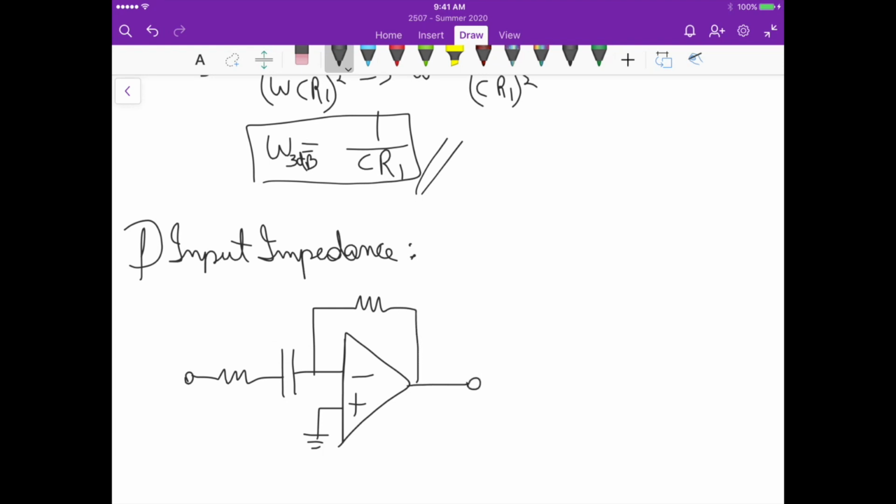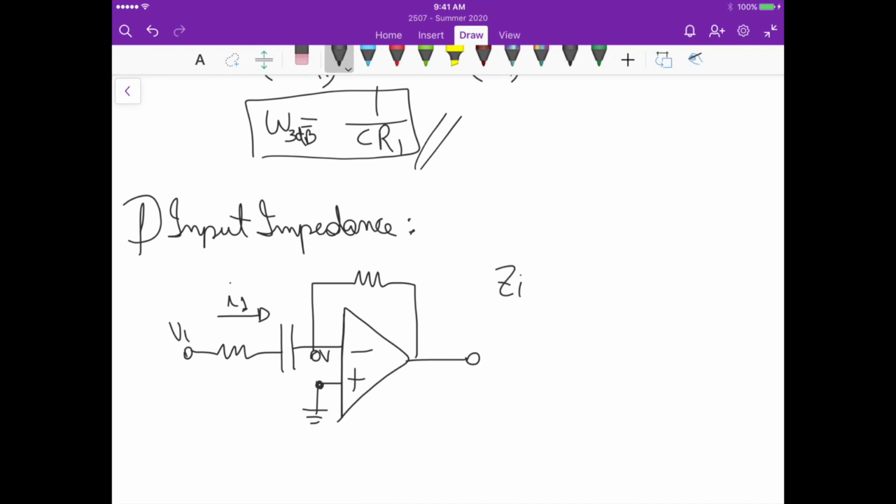And then our input impedance, if you remember, this is 0 volts because we are grounded here. This is VI. We can calculate the current I1 here, right? And then our input impedance, in this case, Zin, is equal to VI divided by I1.